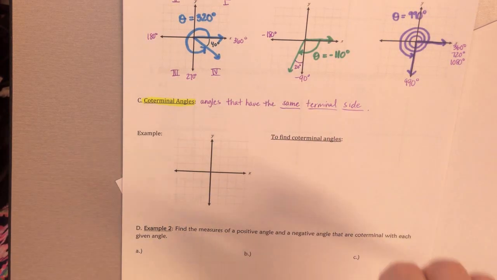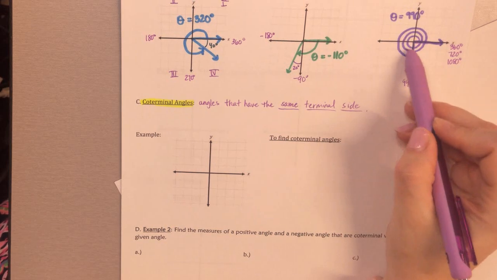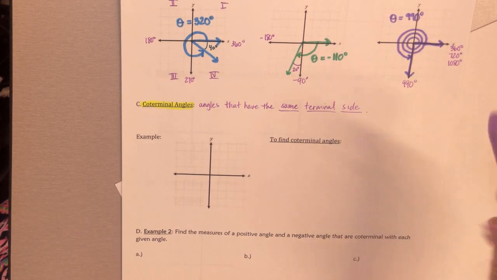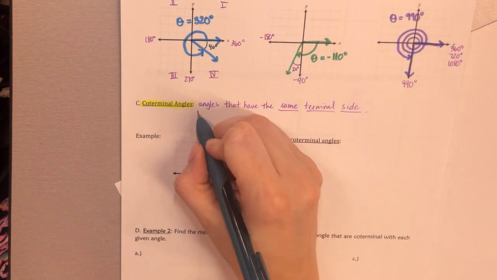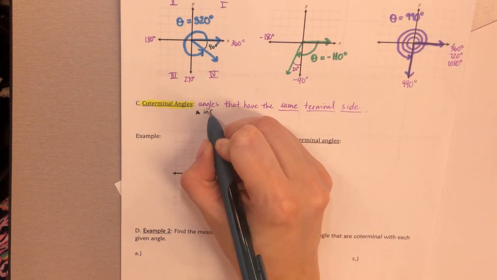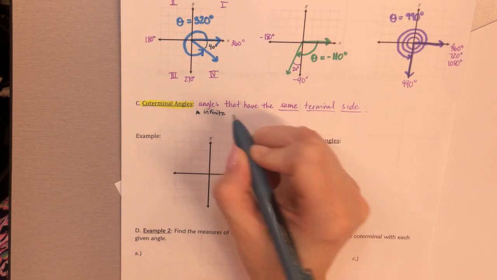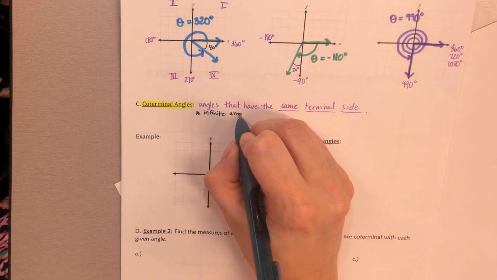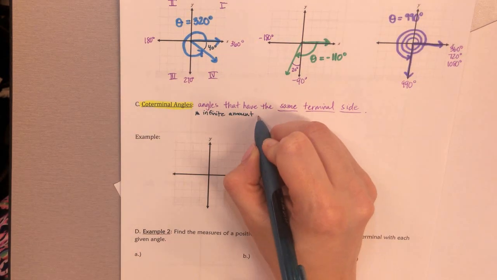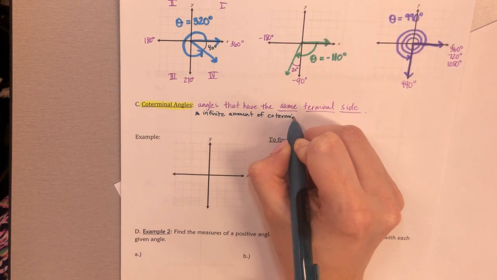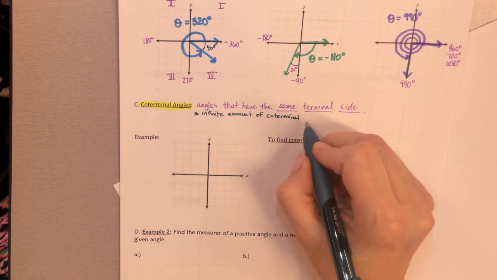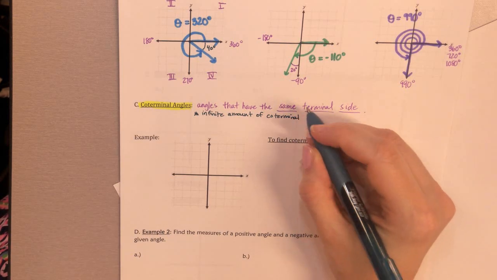Now, because you can do these rotations where you have multiple rotations in them, there is an infinite amount of coterminal angles. I'm going to use my abbreviation for angles.